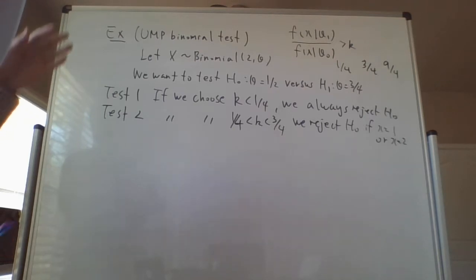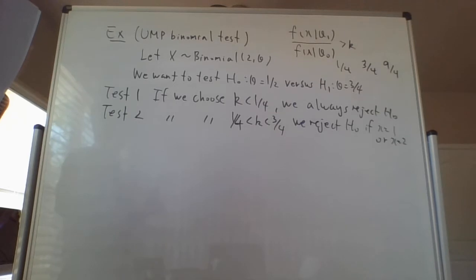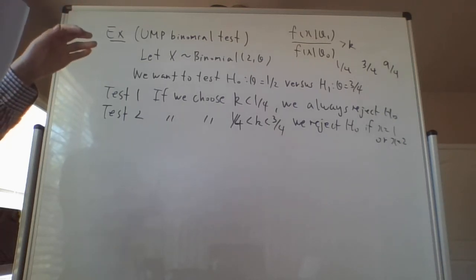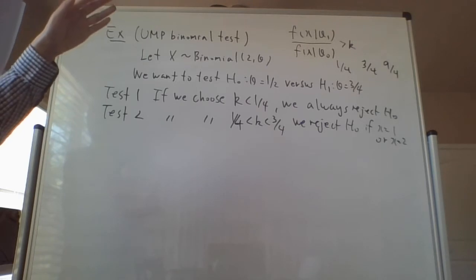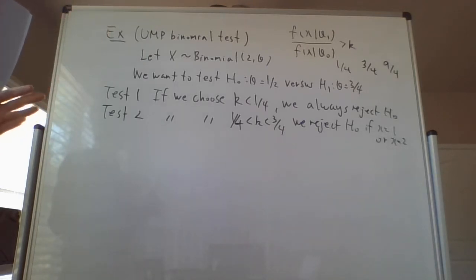So here, x equal to 0, the ratio is 1/4. So if k is greater than 1/4, then definitely when x equals 0, we do not reject. But we still reject H0 when x equals 1 or 2, because when x equals 1, the ratio is 3/4, and x equal to 2, the ratio is 9/4.